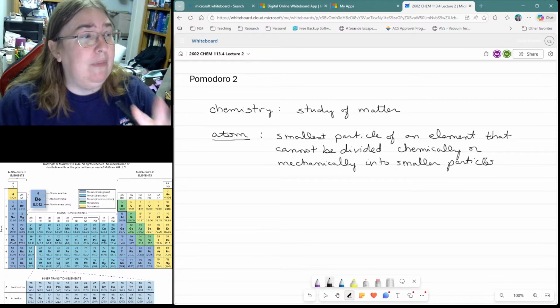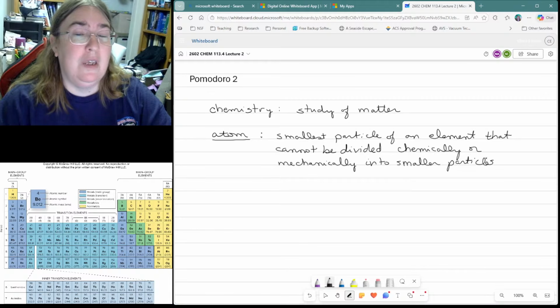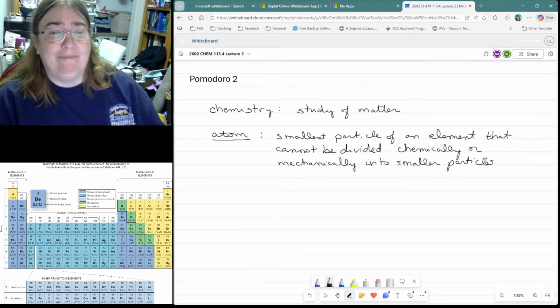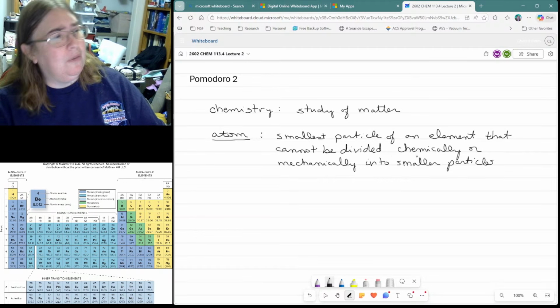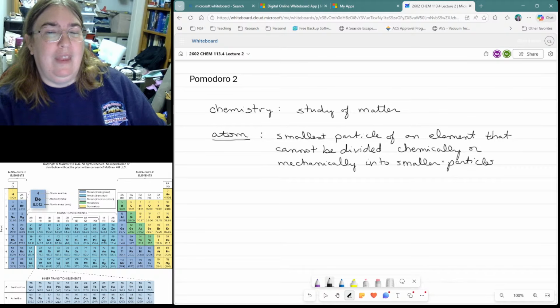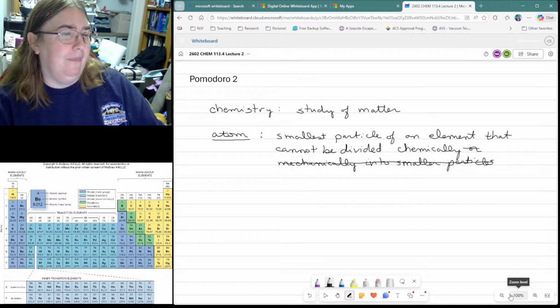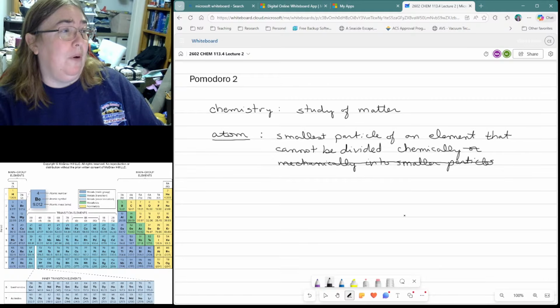So an atom is composed of other particles, but those particles are technically not something that you can play with chemically. So this part is something that I would not use today, because an atom can be divided into smaller particles.